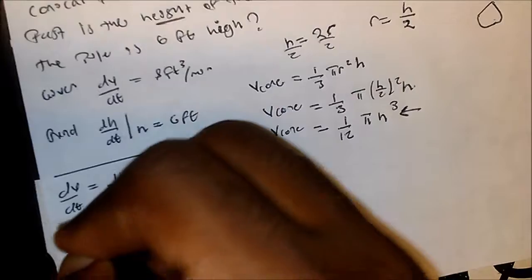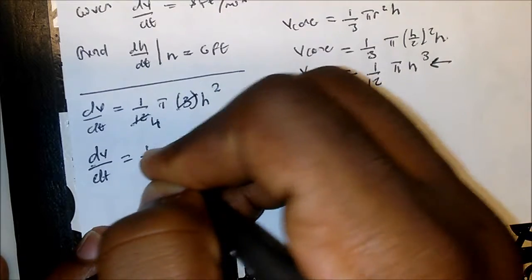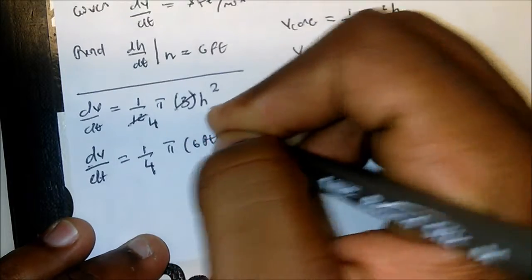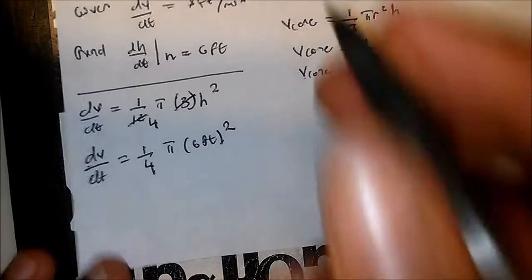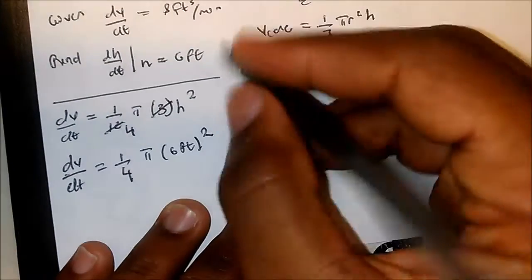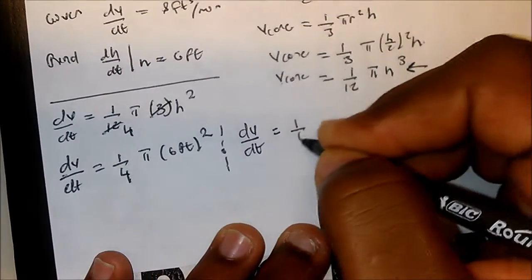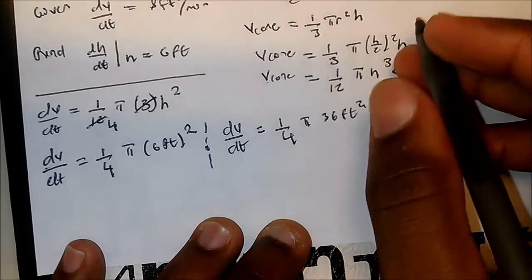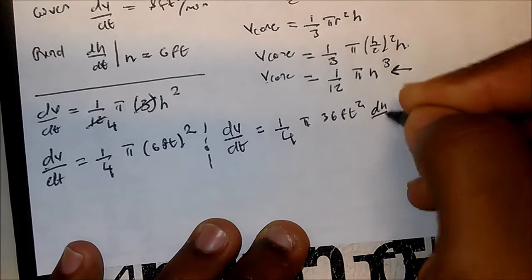So now we have dV/dt, and that's just going to equal 1/4 pi, and h is 6 feet, so 6 feet squared, so dV/dt equals 1/4 pi times 36 feet squared times dh/dt.